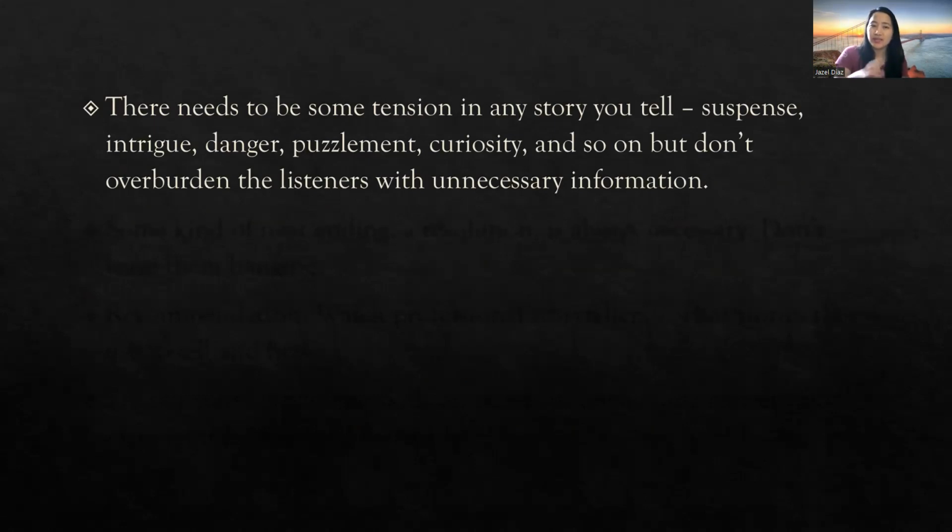I want to hear this. Why is it like that? So you will arouse in their mind curiosity, like, oh, what's that? What's next? I want to listen to that. But do not overburden them with a lot of information that is not needed or not related anymore to the topic.